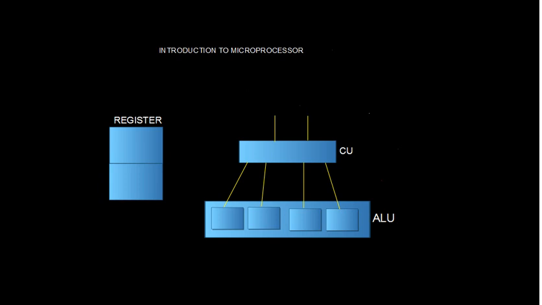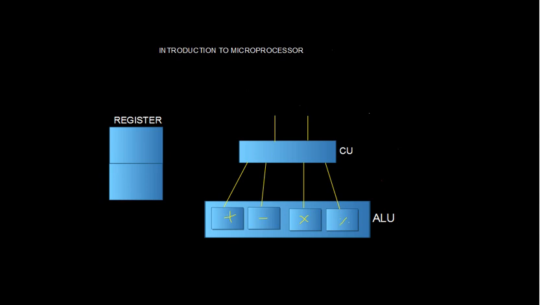Now see these three parts in detail. ALU, arithmetic logical unit. For better understanding, in this circuit I am assuming four logic circuits are there. This one is adder circuit. This one is subtractor. This one is multiplier, and this one is divider.